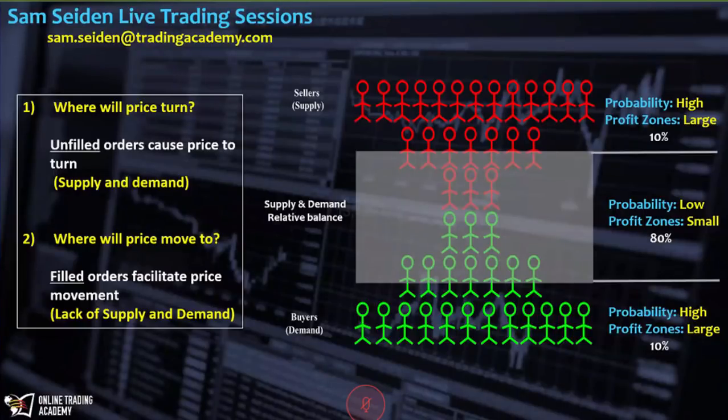All we're doing here is quantifying the market's real supply and demand to answer two questions: where is price going to turn, and where will price move to?